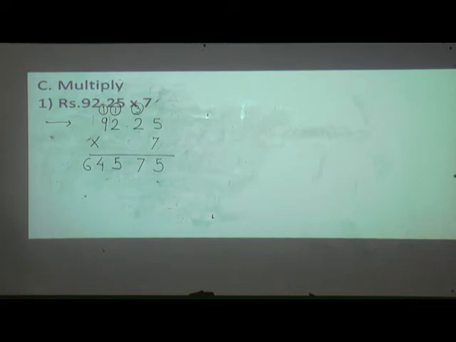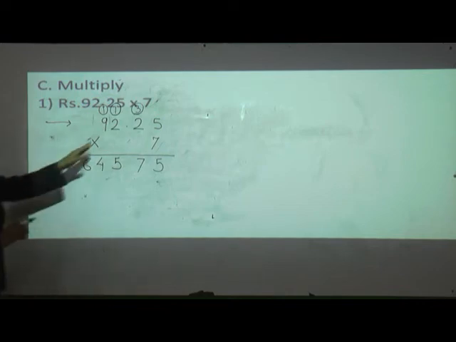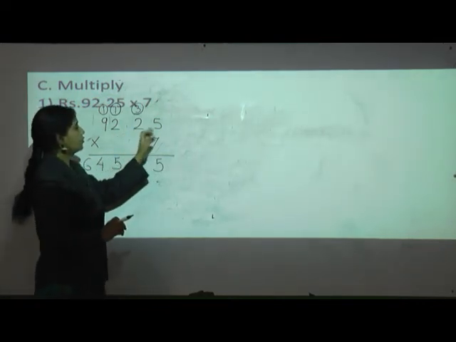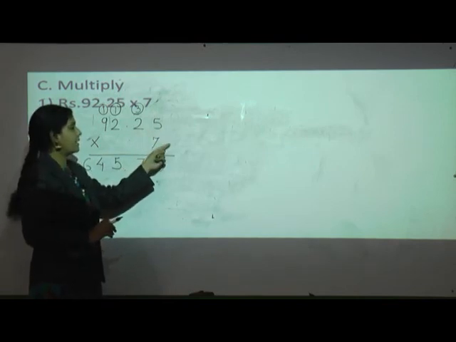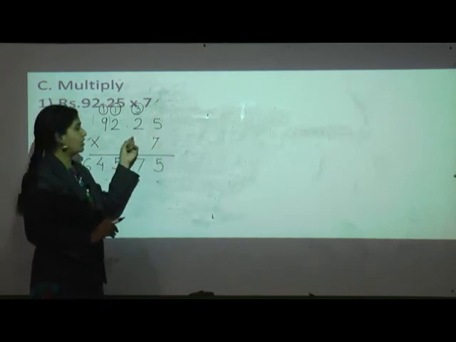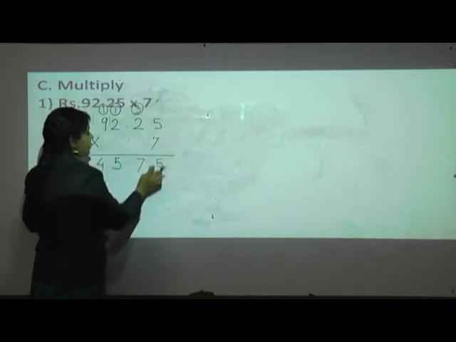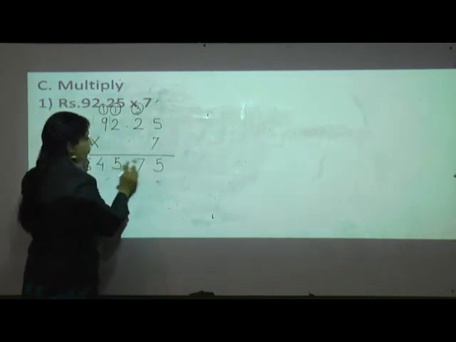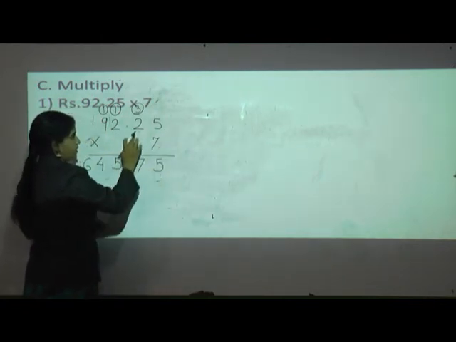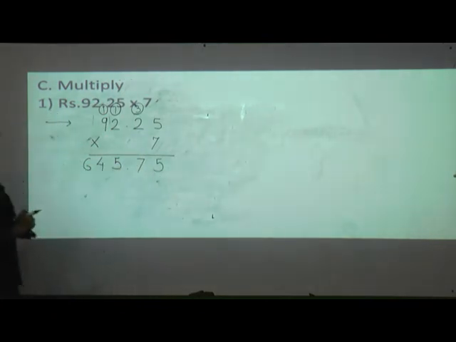Here decimal point in the product, that means number of decimal places in the multiplier and number of the decimal places in the multiplicand. So here in the multiplicand 2 decimal places, yes, but here no decimal point. That's why here give after 2 decimal places. Here also 2. That's why 2 decimal places.